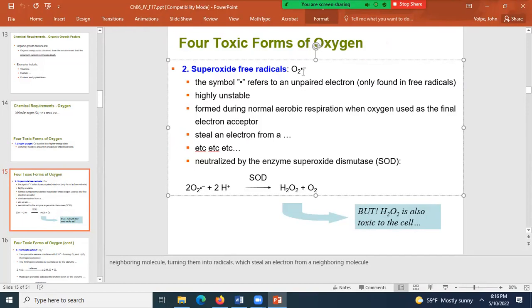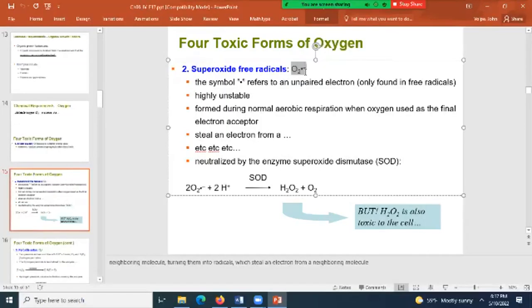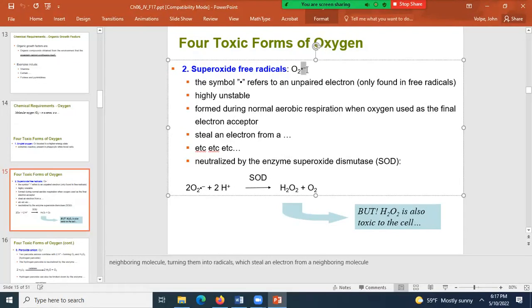Oxygen radicals are reactive because they have a single electron, and a single electron is not stable. This molecule will want to gain another electron. Or conversely, it could lose this electron. Okay?